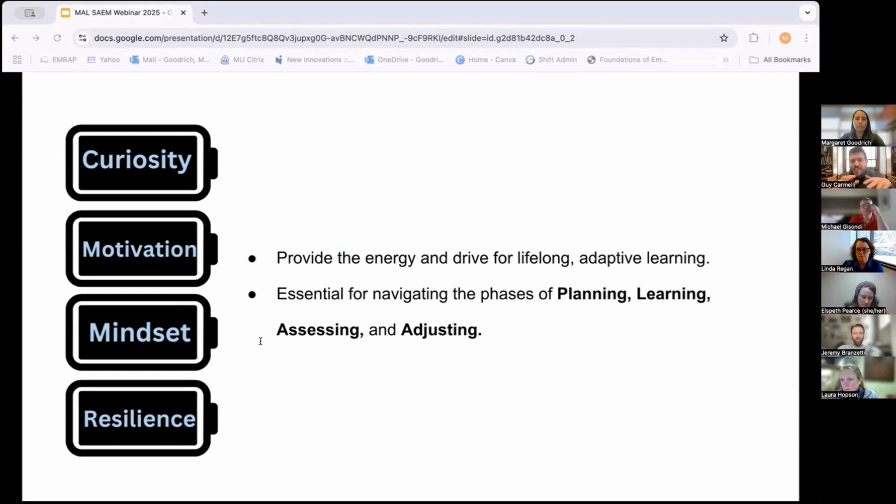We've already discussed this earlier, but these four skills, curiosity, motivation, mindset, and resilience, are important drivers to get you to not just go through the four stages of the Master Adaptive Learner framework, but to continue doing this lifelong. Adaptive expertise is another form of lifelong learning.